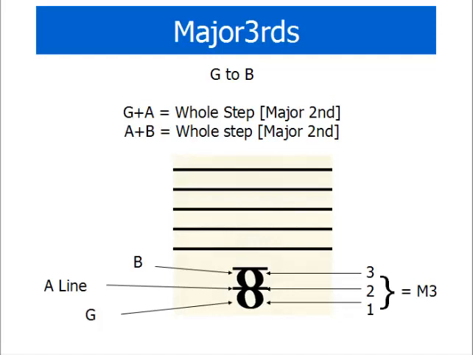And here we have low G, low G on the space, then there's a line, and then a space where B is, below the top ledger line. So we count 1, 2, 3. Space, line, space. And you could just see this in one glance. You should be able to recognize, oh, that's a third.